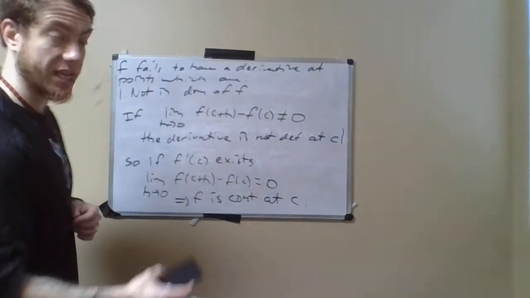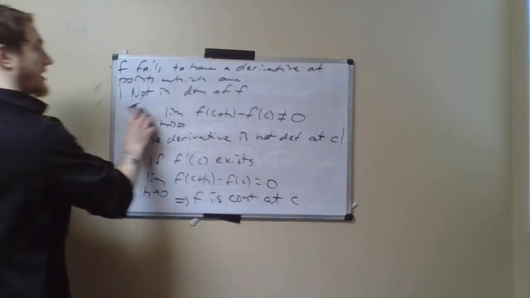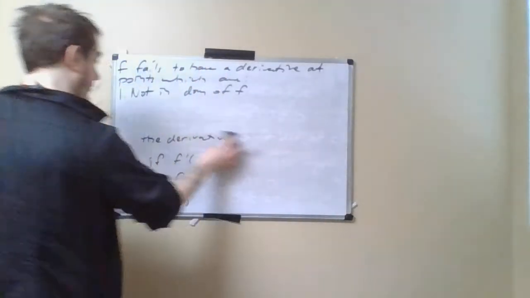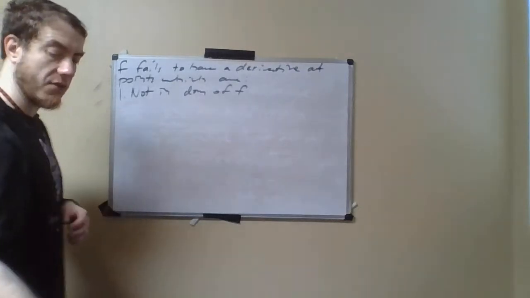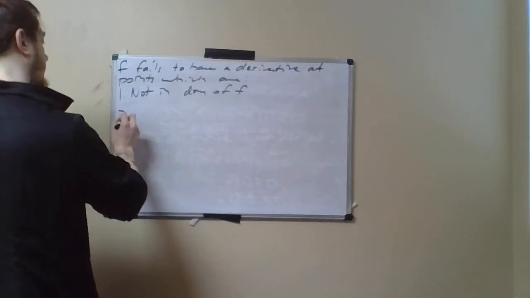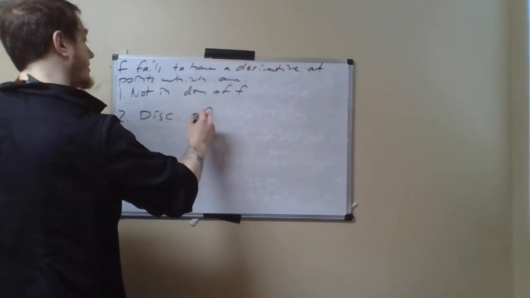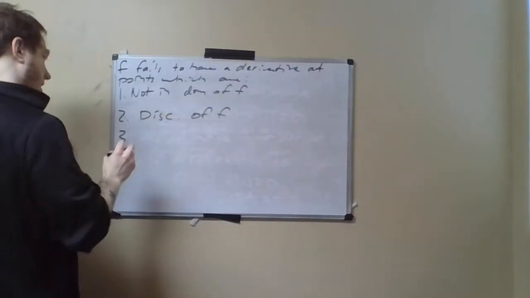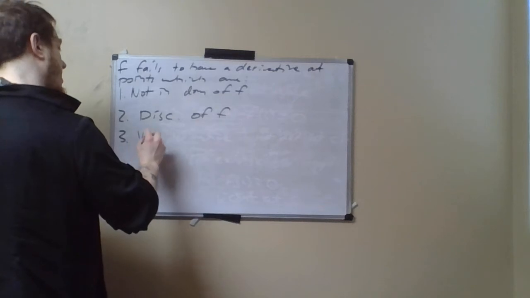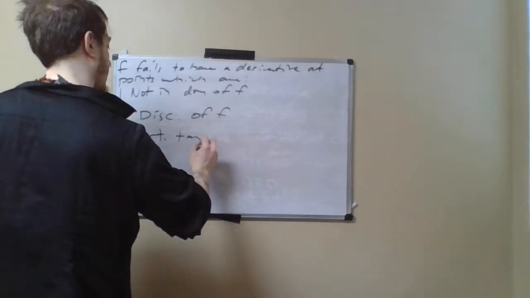So that's the first thing. It's got to be in the domain. It will fail to have a derivative at discontinuities of f, and it also fails to have a derivative at the vertical tangents.